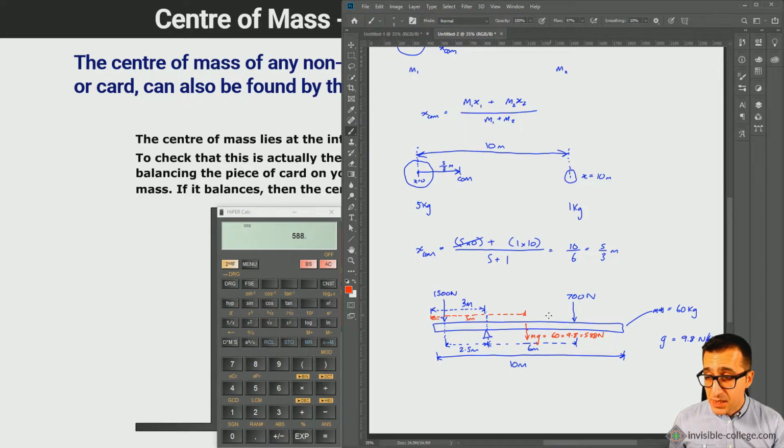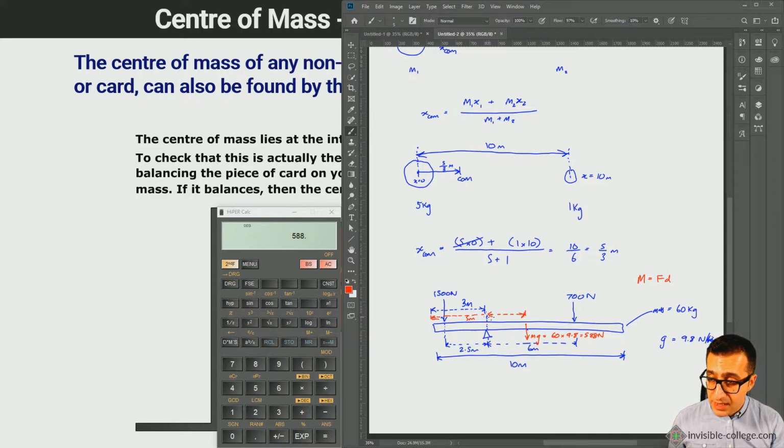Now what this means is that this force here is acting at a distance of 5 minus 3 meters from the fulcrum. The turning effect, remember, the moment of a force is equal to the perpendicular force acting multiplied by the perpendicular distance of the force from the pivot point. So what we need is this distance here.